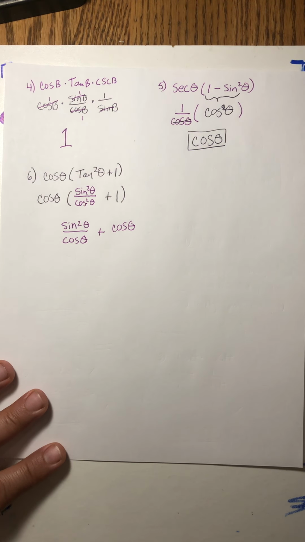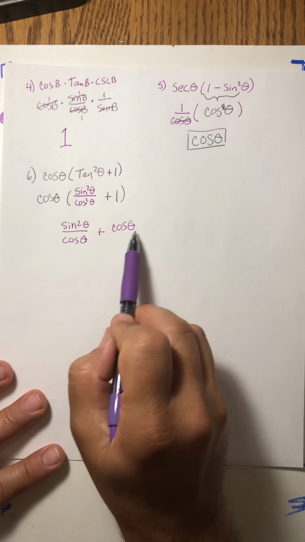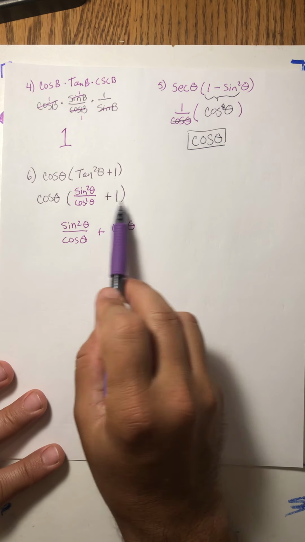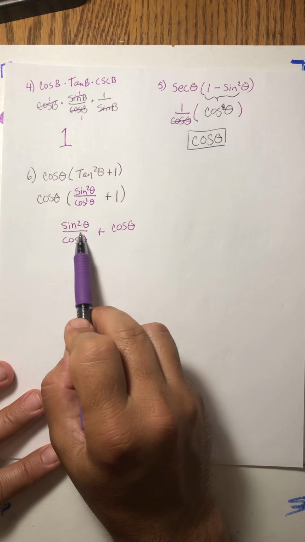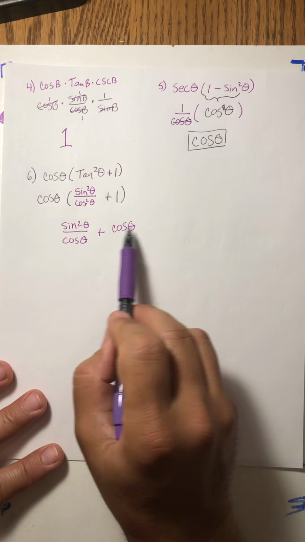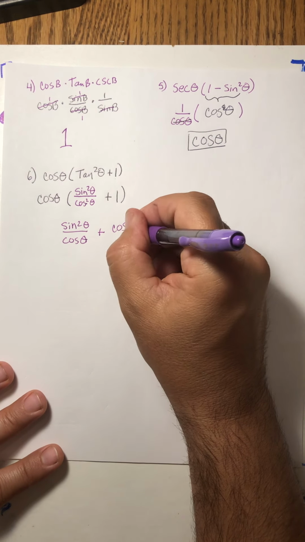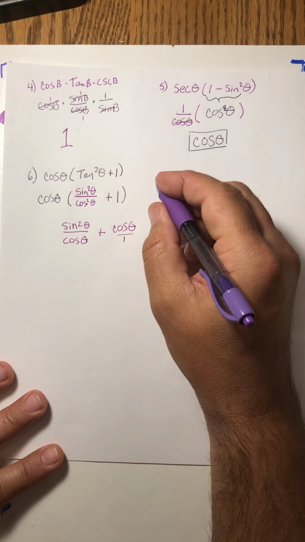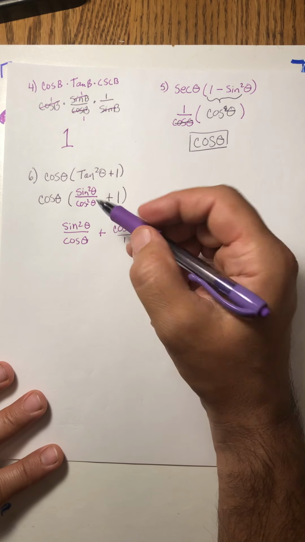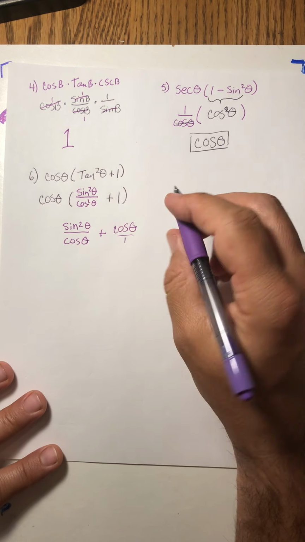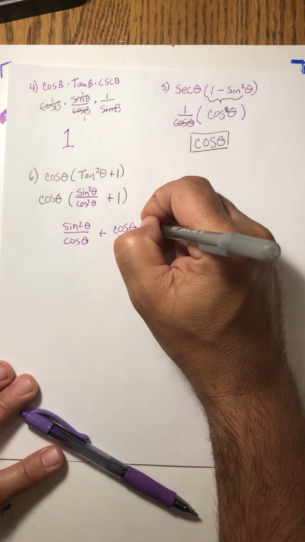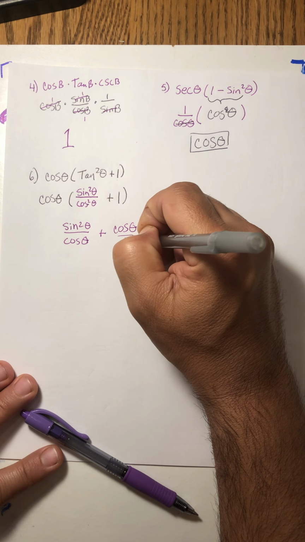Okay, so we're still on rule 2 because this is not a single expression. All we did was the distributive property. So I have a fraction here. I have to add these 2 pieces together. So if you need to, you put a 1 under here. And we need a common denominator, which is cosine theta. So I'm going to multiply top and bottom by cosine theta.